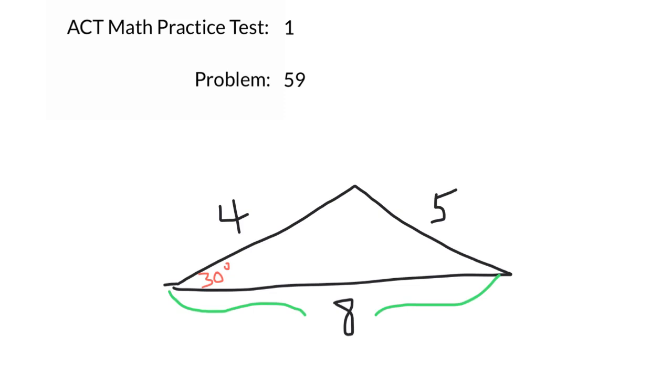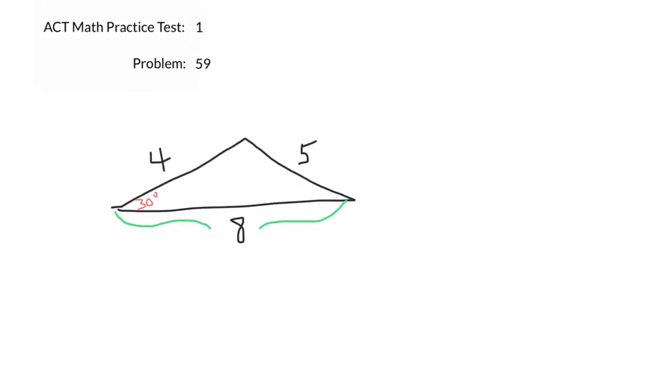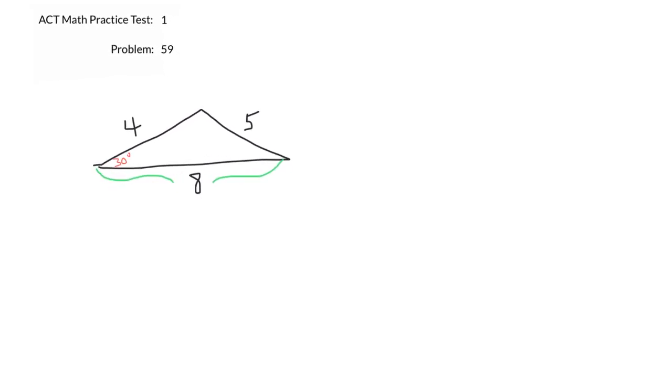Okay. Now, before I dive in, let's just set this off to the side and remember something. I want you to just temporarily forget this. There's a special right triangle called a 30, 60, 90.